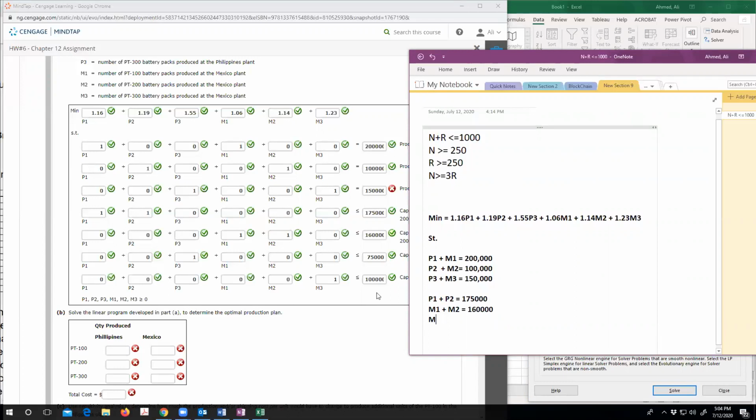There's another constraint we actually missed, which is P3. P3 is less than or equal to 75,000 and M3 is less than or equal to 100,000. These are less than or equal to.